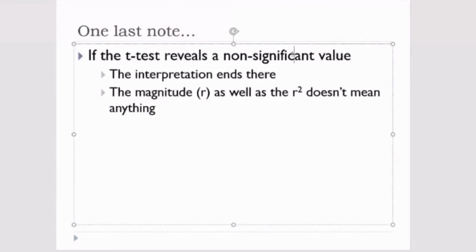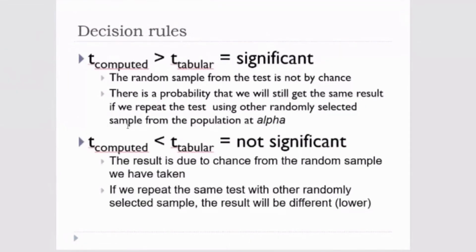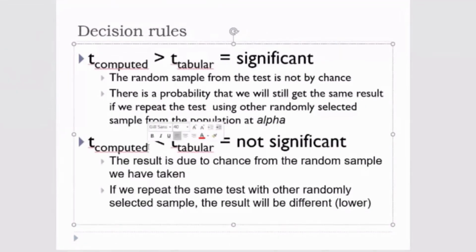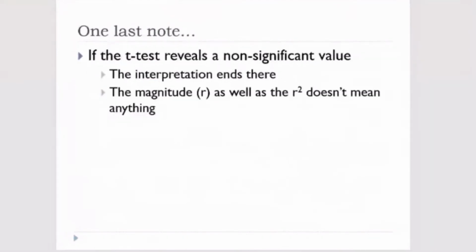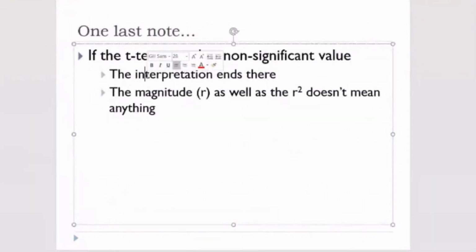So if the t-test reveals a non-significant value, meaning if your t computed is less than the tabular, di siya kaabot kung unsa ang nasa table. So meaning it's not significant. So what should you do? The interpretation ends there. The magnitude or the R or the correlation coefficient or the Pearson R as well as the R squared doesn't mean anything.